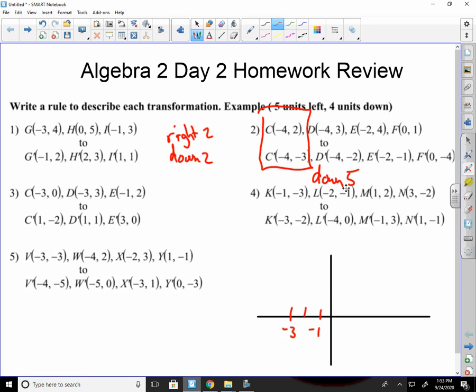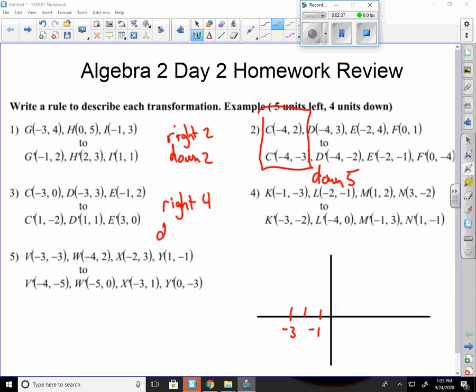Number 3. Number 3, -3 to 1 means that I move to the right 4. Then to go from 0 to -2, I go down 2.